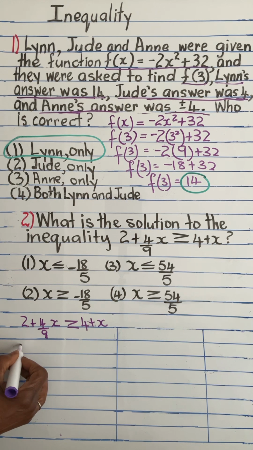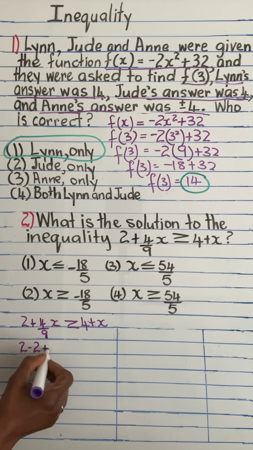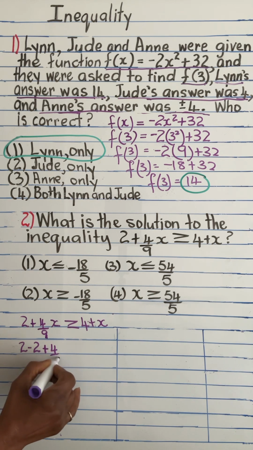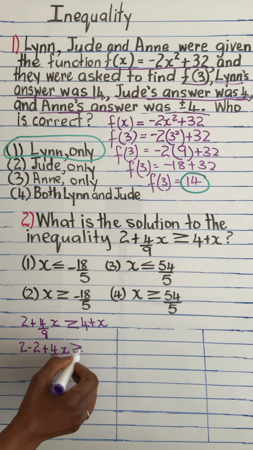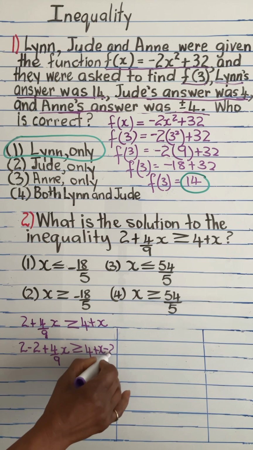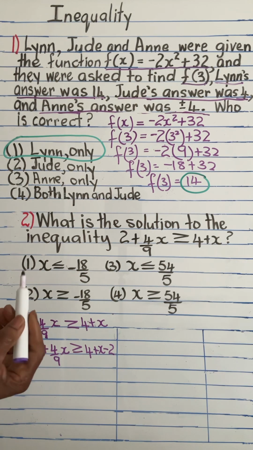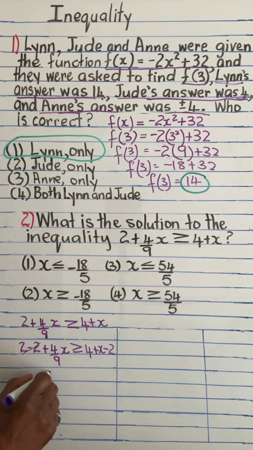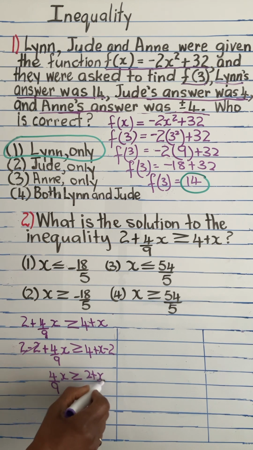So it is 2 minus 2 plus 4/9 x is greater than or equal to 4 plus x minus 2. And this cancels out. So we have 4/9 x is greater than or equal to 2 plus x.